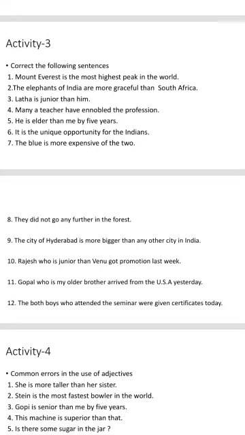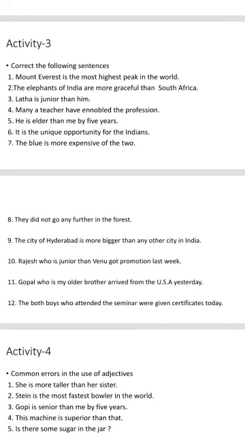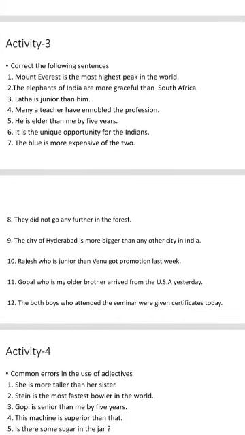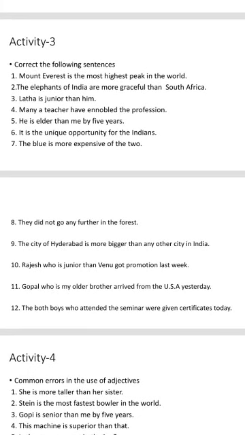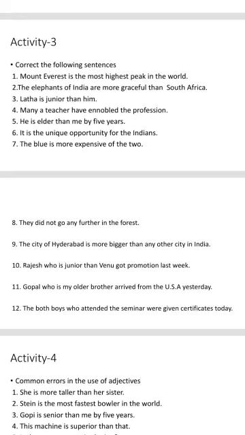Next, the sixth sentence is, it is the unique opportunity for the Indians. Here the mistake is in the use of the definite article the. The word unique itself contains the meaning of the definite article the.